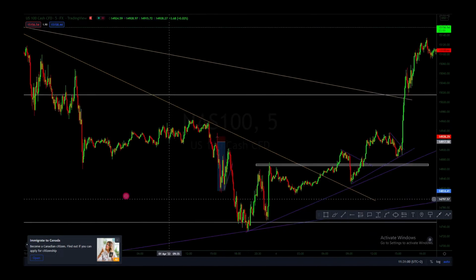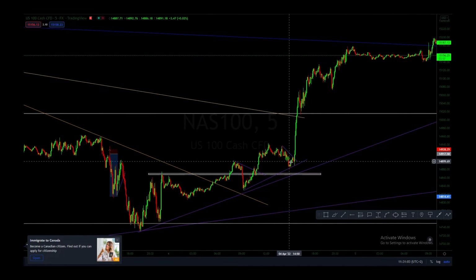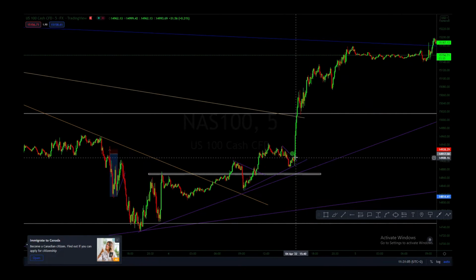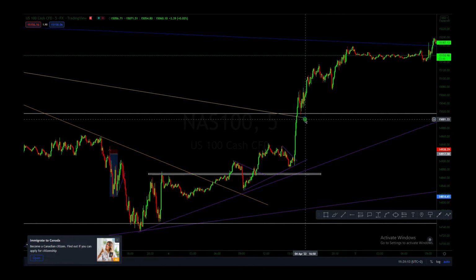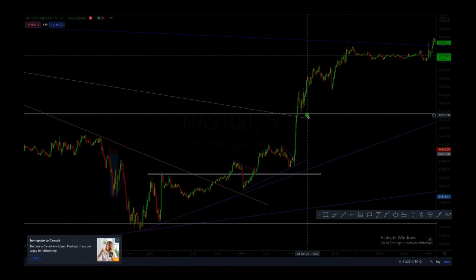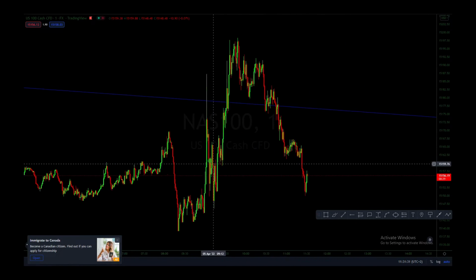I used the M5 and drew this trend line right here, and at the close of the M5 I put my buy order right then. The position ran till around this area where I saw this retracement. I was like, okay, it's fine, let me just close, because of what I took into consideration: it's still a bearish market in the last 3 months. So that was how I capitalized on Nasdaq yesterday, and it was a good 1000 pips.